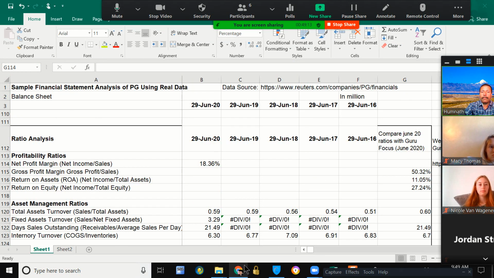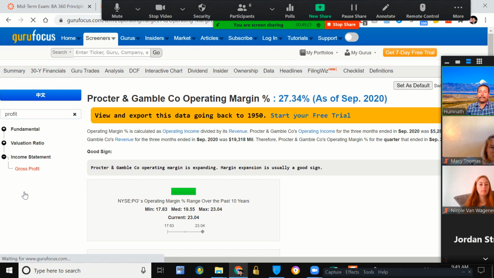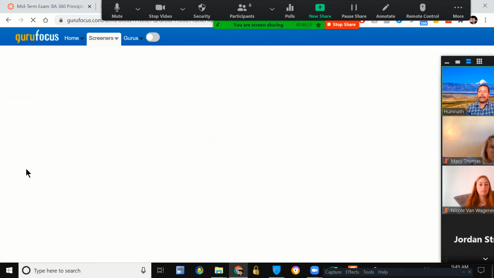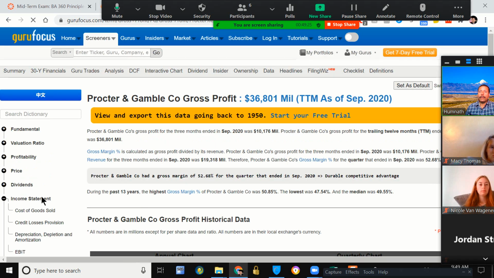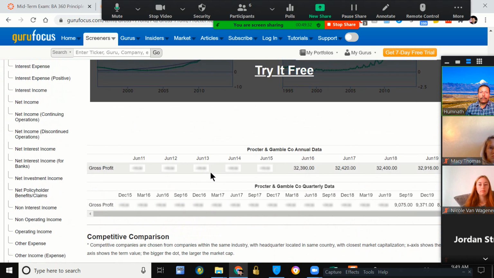So I'm going to go back to right here. Most likely I'm going to come down here to gross profit margin. When you click that link, you can see right here we are doing annual, we are not doing quarterly data.